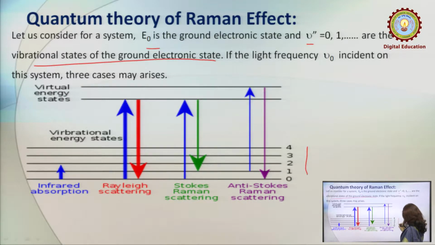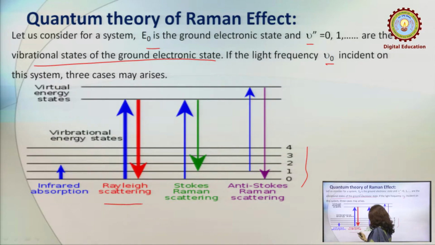If light of frequency nu naught is incident on the system, three cases may arise. Here we will discuss the three cases when a photon with frequency nu naught falls on the molecule.